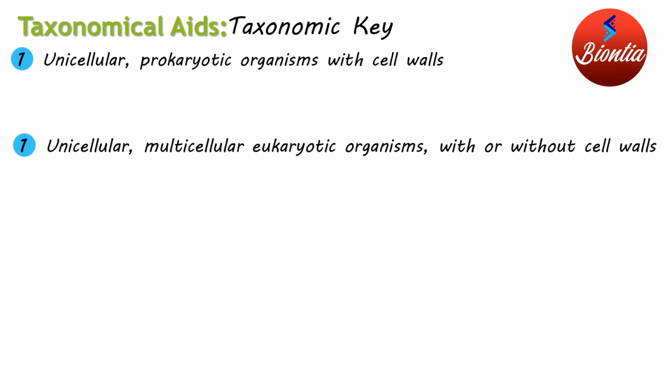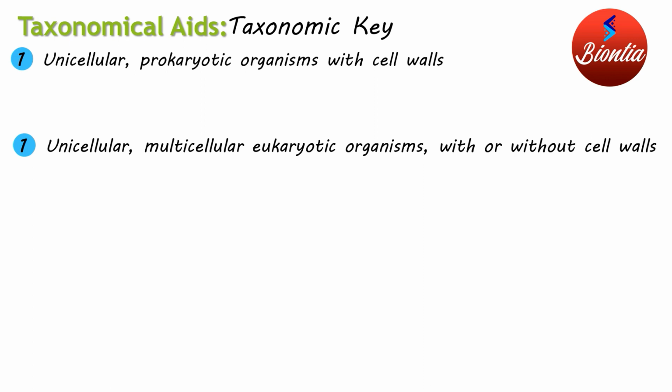So the taxonomist will compare his new species with this statement. If the first statement fits his criteria, that is unicellular prokaryotic organism with cell wall, he will go with the first statement. If not, and the second statement is applicable, he will go for the second statement, that is unicellular or multicellular eukaryotic organisms with or without cell wall.